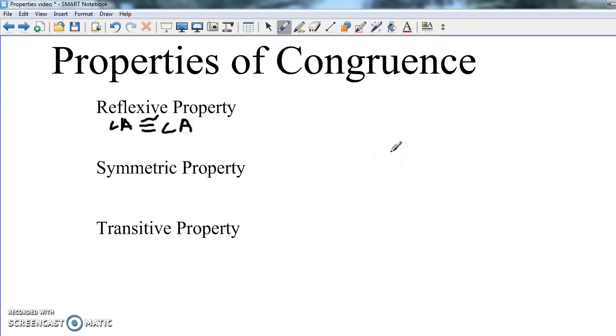Okay. Symmetric property, again, of congruence. The only difference between these equality ones and the congruence ones are your symbols, really, and proper notation with congruence versus equality.